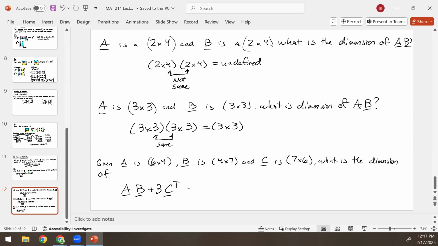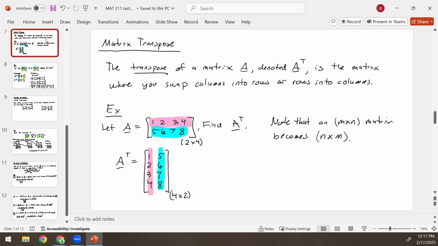So this is equal to a 6 by 4 times a 4 by 7 plus. Scalars don't affect the dimension. So you would do C transpose, which would be, let's just write 7 by 6 transpose. This is very unofficial notation. People don't really actually do it this way, but this is how I do it. For the transpose, you have to go back and look at the definition. I said an M by N matrix becomes N by M, so they swap.